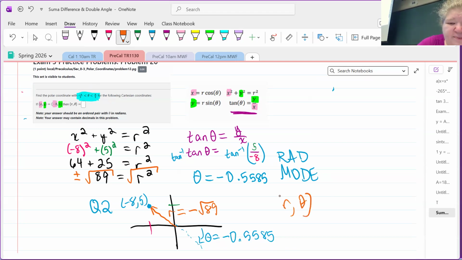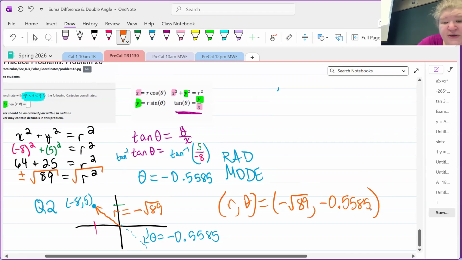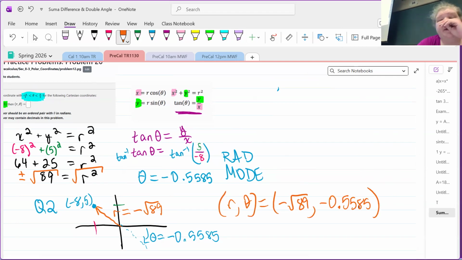So our r theta point will be -√89, comma, -0.5585. Now there is no pretty number. There is no pretty pi number that -0.5585 equals. It's not some magical 7 pi over 22 or something.